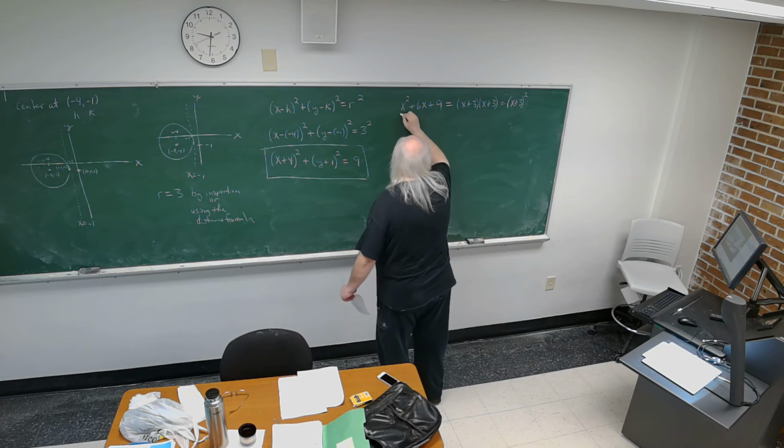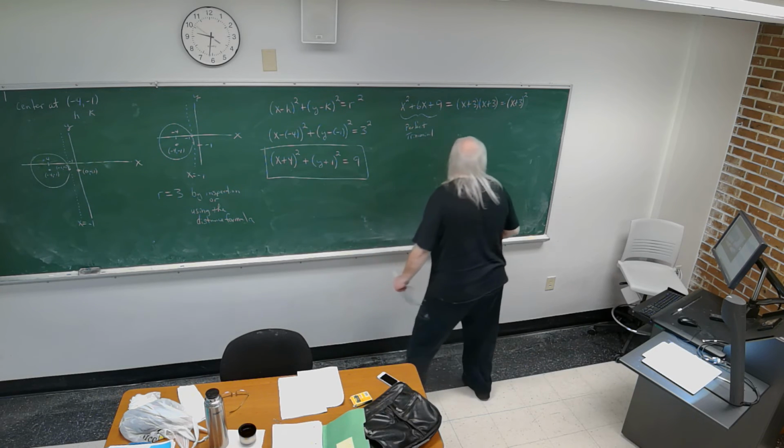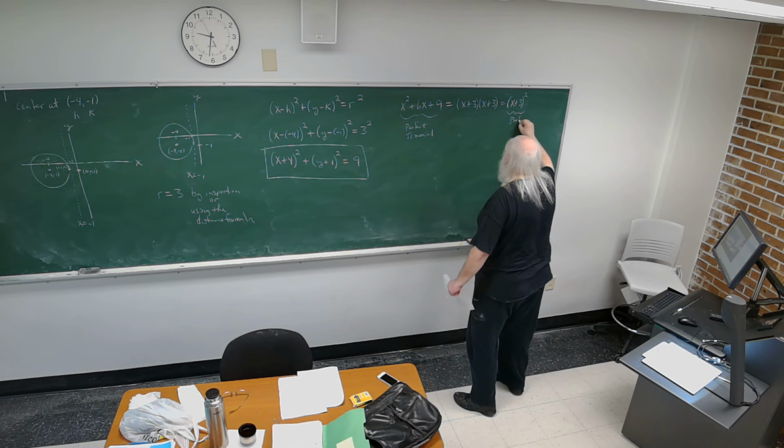So this is called a perfect trinomial, and this is called a perfect square.